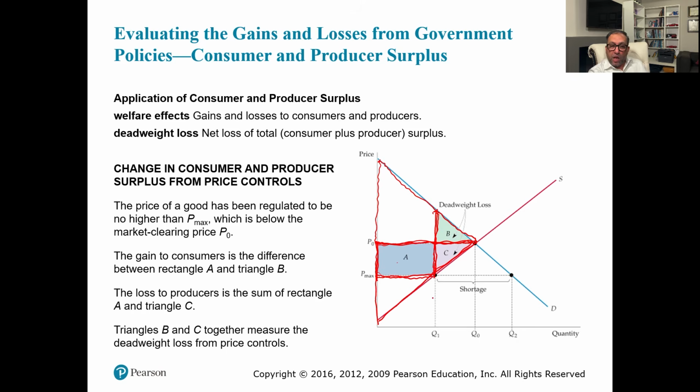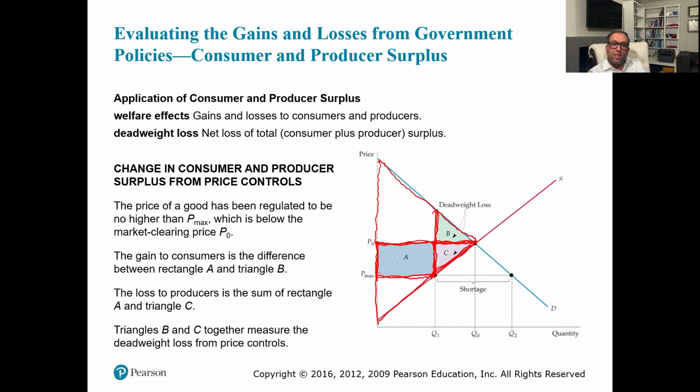Now this rectangle A is a loss to the producer, but it's a gain to the consumer. So overall society has no impact. But at the same time, C is going to be lost by the producer and is not gained by the consumer. So that's a loss.